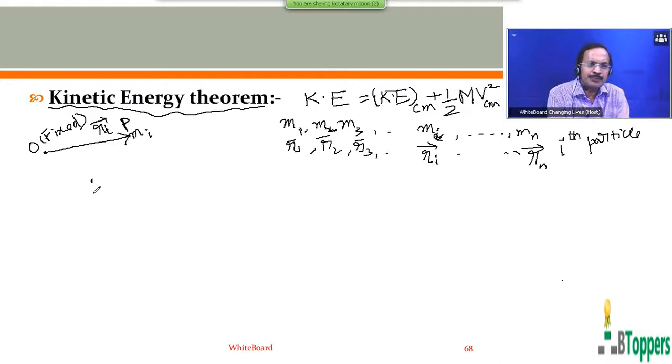Let C denote the center of mass, I mean the position of the center of mass of the system of n particles at the particular instant. So let R_CM bar denote the position vector of the center of mass, or simply R bar subscript C.